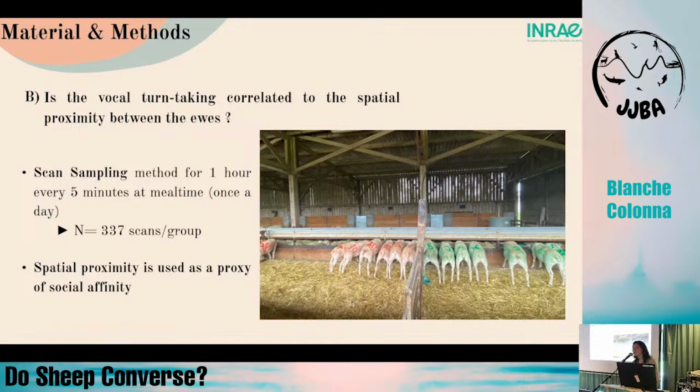It's almost finished. Sorry. Do you plan on looking at the call types? Maybe there aren't any differences, but I guess because you're putting them in a distress kind of situation, they could be vocalizing differently between the ones that are inside and the ones that are outside, compared to the ones that are both outside. And also, maybe looking at the length of the call as well.